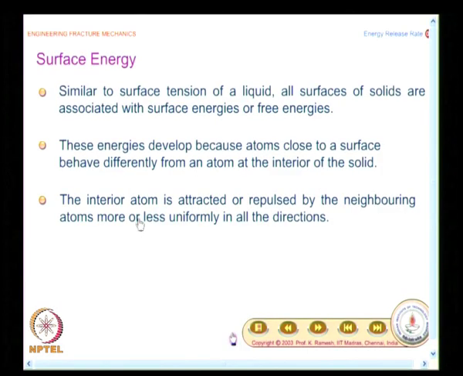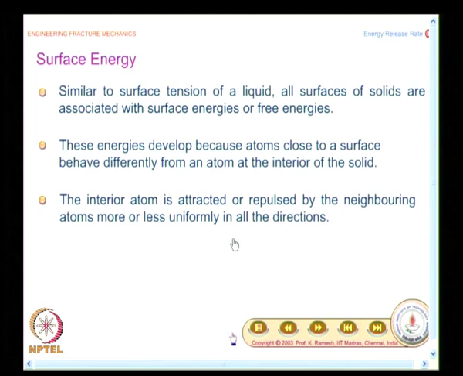The interior atom is attracted or repulsed by the neighboring atoms more or less uniformly in all the directions, but that is not the case when I have the atom on the surface. This leads to surface energies, which is very similar to surface tension of a liquid.